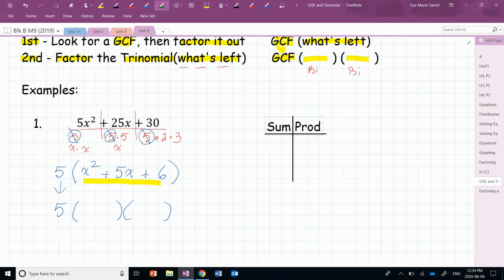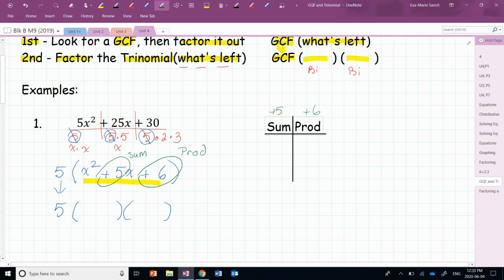So remember that the constant, this was our product, right? The constant is the plain number, so our product is positive 6. The coefficient, that's the number in front of the middle term. That there is our sum, including the sign. So that's positive 6 as a product and positive 5 as a sum.